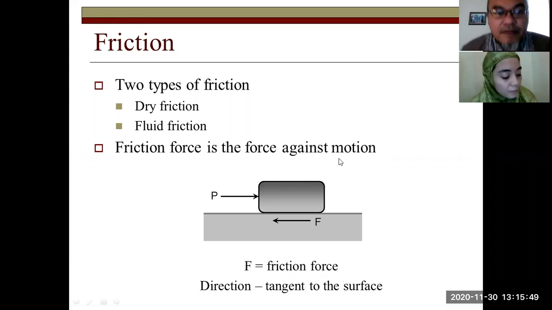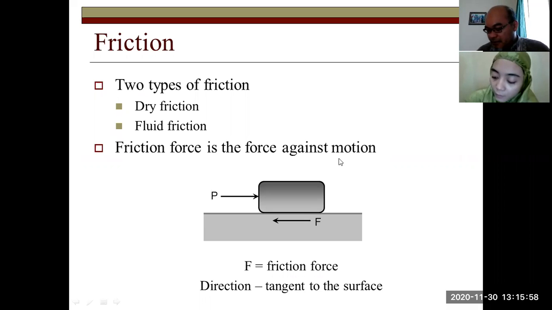Okay, so today we are going to discuss a new chapter here on friction. Basically, in much of what we have discussed so far in the biomechanics mechanisms or phenomena, we assume that there is no friction.